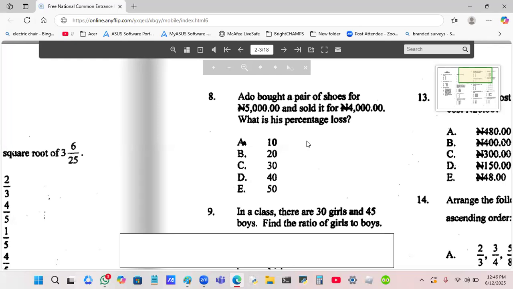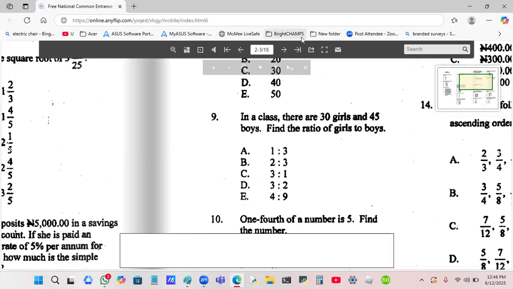Okay, that's nice. The next one, number 9. Pretty much like ratio. In a class there are 30 girls and 45 boys. Find the ratio of girls to boys.